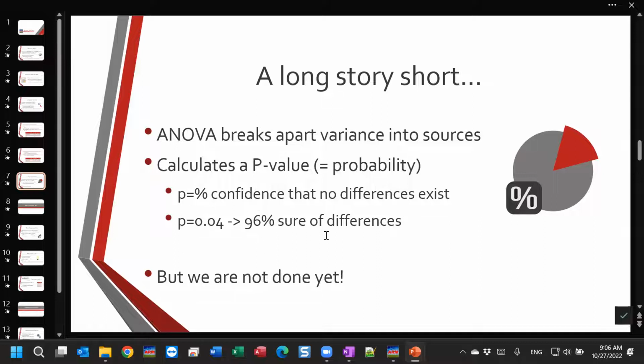Once we do that ANOVA, we have a general idea of our confidence that there are significant differences in the treatments that we were studying. That only takes us about half of the way there, to know if there are differences.